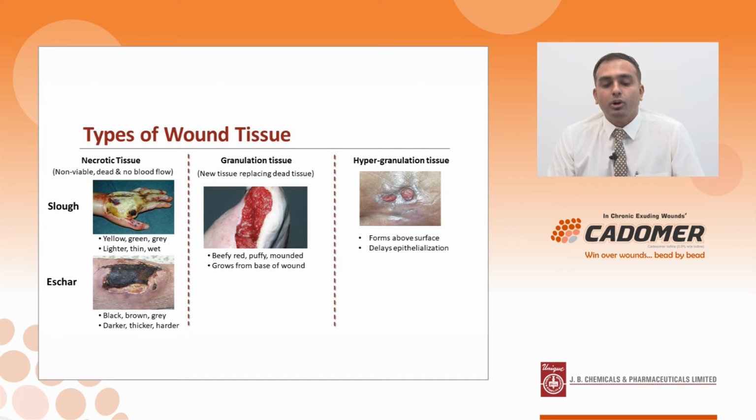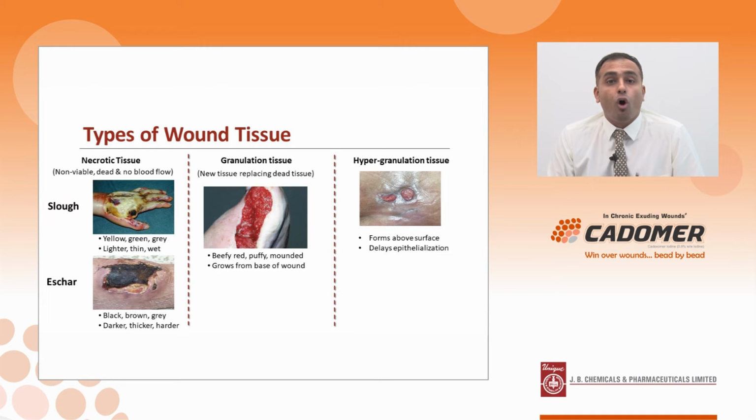Now, let's understand what granulation tissue is. If I compare necrotic tissue versus granulation tissue, these are polar opposite ends. Necrotic tissue is dead tissue, while granulation tissue is healthy tissue. It is part of the wound healing process, where the necrotic tissue is replaced by granulation tissue.